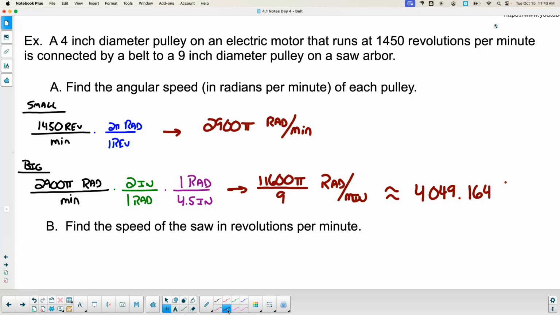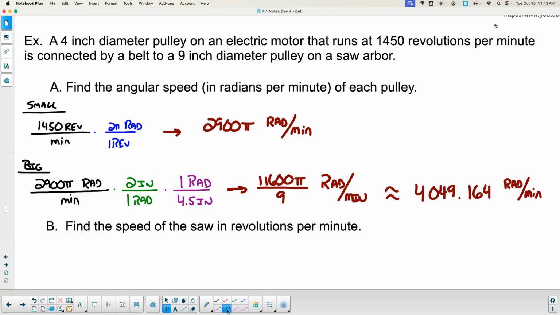I did the fraction. On my calculator, it came out 1,288.8 repeating, and I do that 0.8 repeating as 8 ninths. So I went 1,288 times 9 plus 8 gets me 11,600.